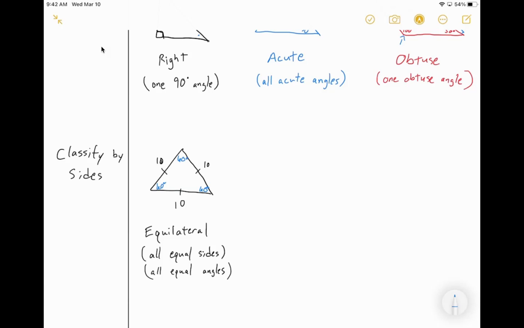Okay, now we're getting into some of the words that are a little bit tougher. Okay, what if only two sides are equal? If two sides are equal, then we call this an isosceles triangle.